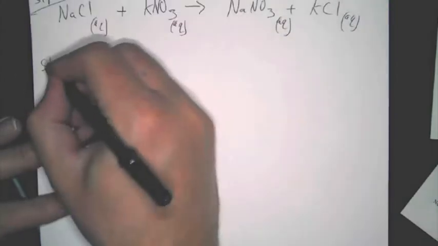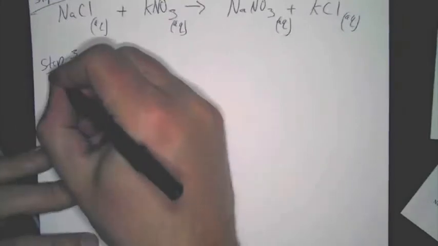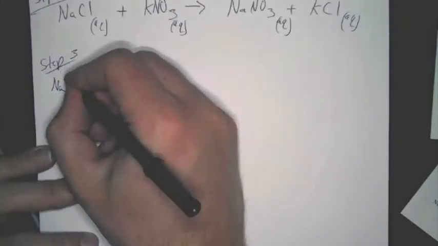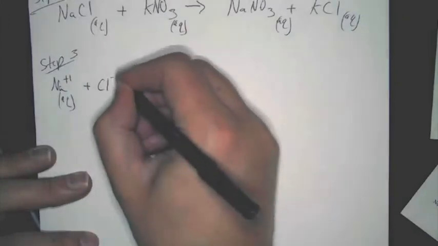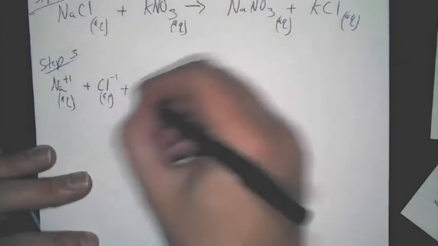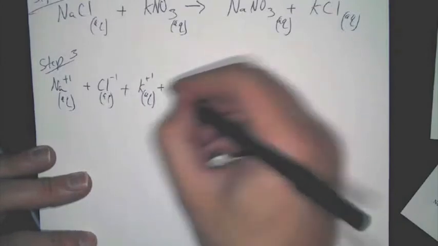Now step 3, where you write out the total ionic equation. I'm just doing this to show you something, to make something very easy for you to understand. So you start writing, you separate everything out. So that's aqueous, chlorine's -1, that's aqueous, plus potassium, +1, aqueous. So you keep going.